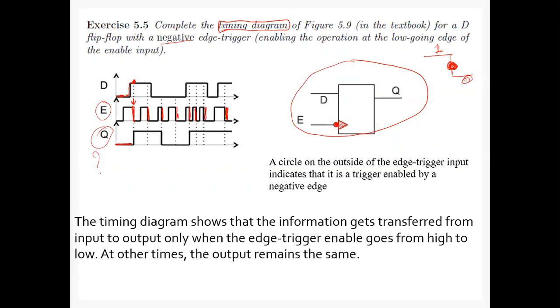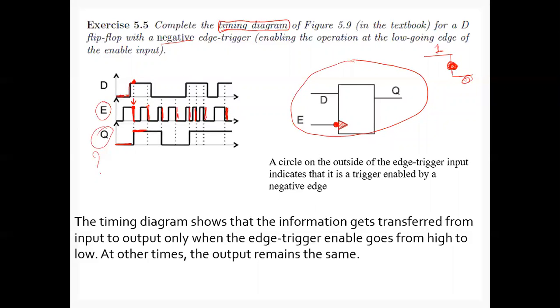At this transition, it takes the data. At this transition, is the data low or high? High. That's why you have high here. Then, until this point, it remains high.